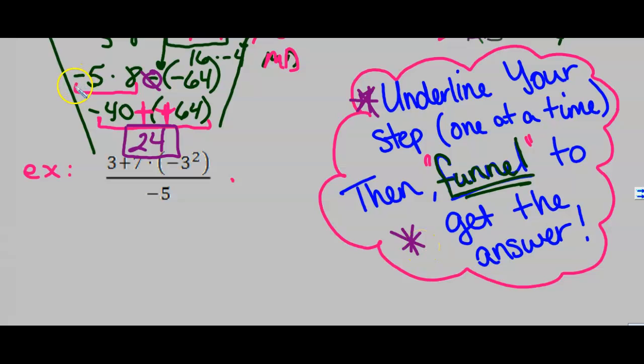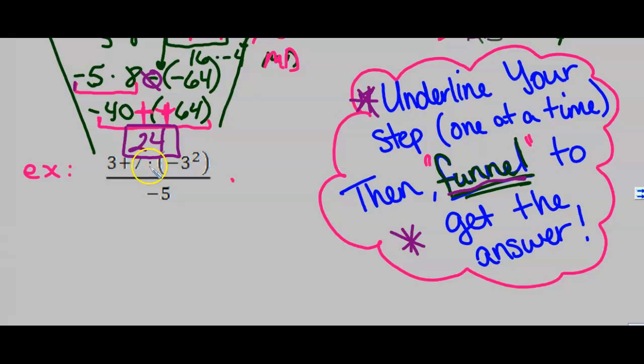As I do this, I'm underlining exactly the one operation I'm focusing on for that next line. Take it one step at a time. Make sure you create that funnel shape in order to derive the correct answers.